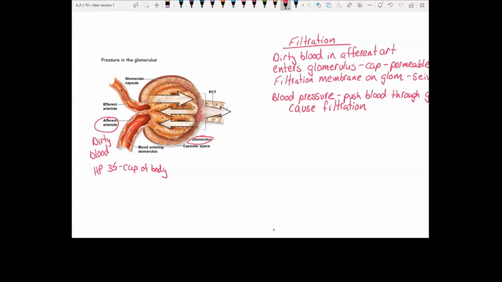We talked about hydrostatic pressure and colloid osmotic pressure. Okay. In the glomerulus, your HP is 60. I'll do a different color for each of these. So the glomerulus has an HP of 60. That's much higher.